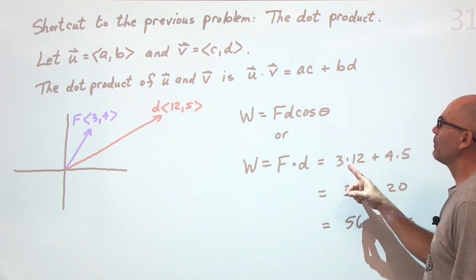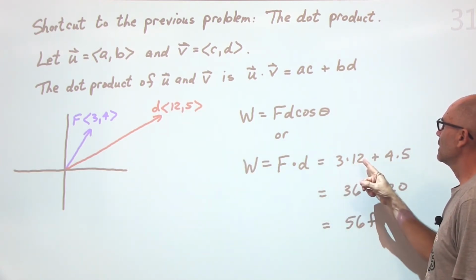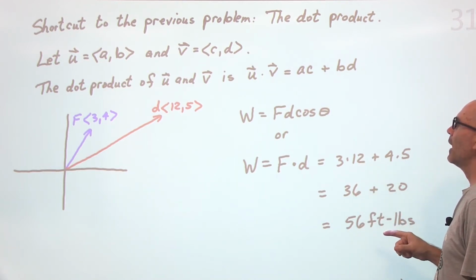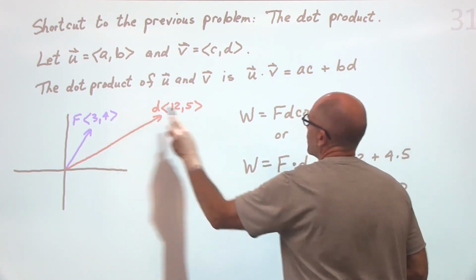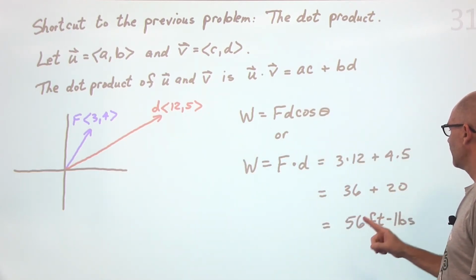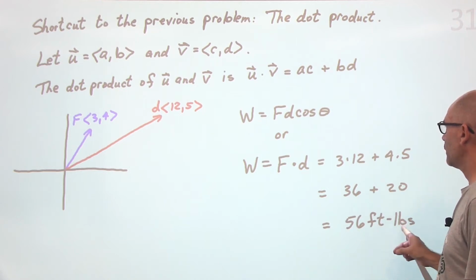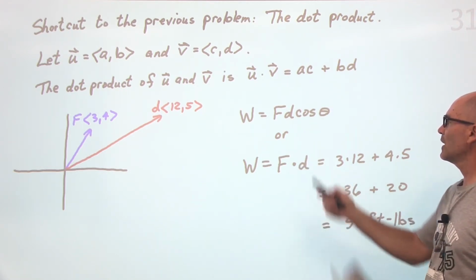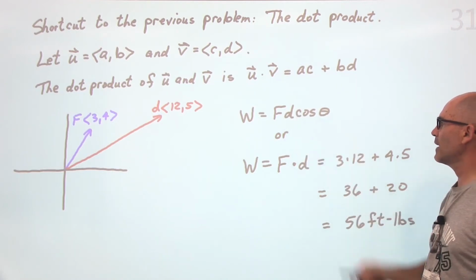All I do is multiply the x's, so 3 times 12 is 36. Then I multiply the y's, 4 times 5 is 20. 36 and 20 is 56 foot-pounds. So notice F dot D really equals F D cosine theta.